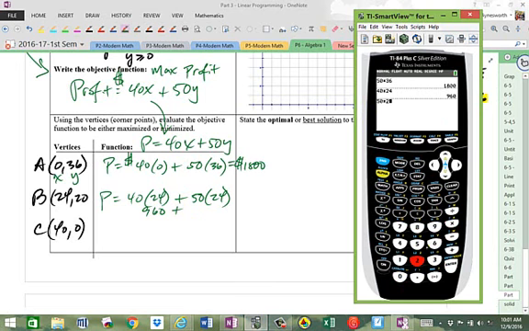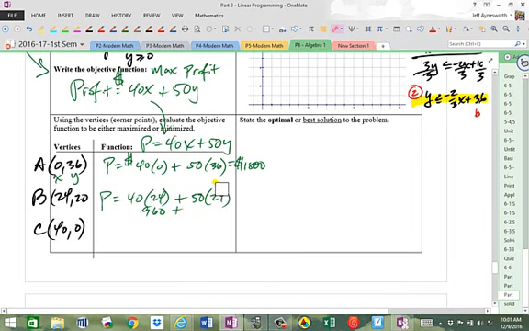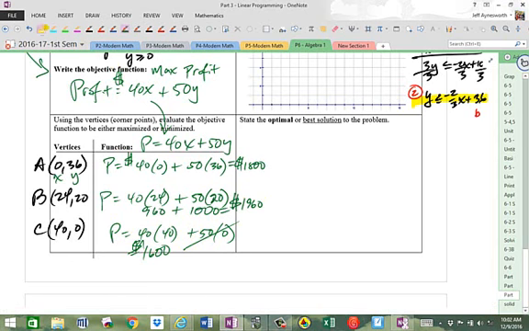And so that's 1960. And the last one here is 40 times 40 plus 50 times 0. That's 1600. So the question is which one maximizes your profit? Which one's the biggest? And obviously, it's this one right here, and it occurs when we do this right here.